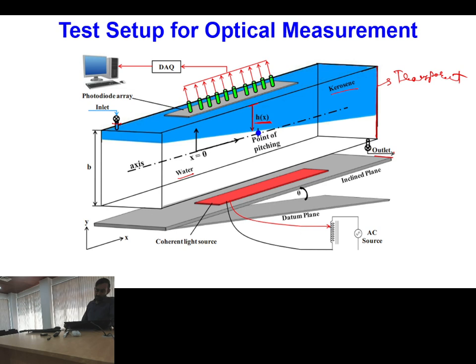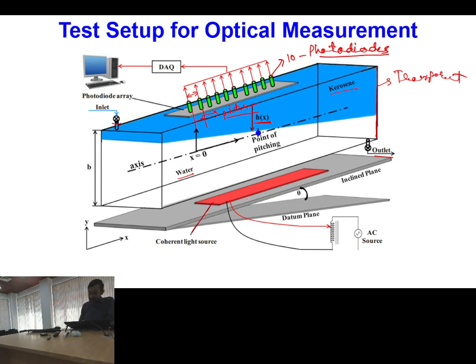Now in the top portion of the tank, 10 photodiodes are used. These are 10 photodiodes in a series, and there is some gap between them, designated as the pitch between two photodiodes. At the bottom, one coherent light source is used.